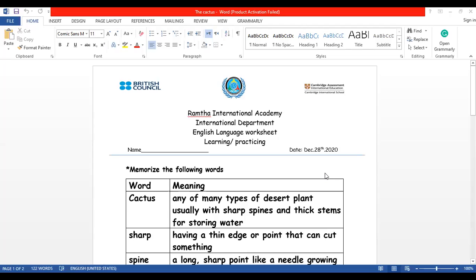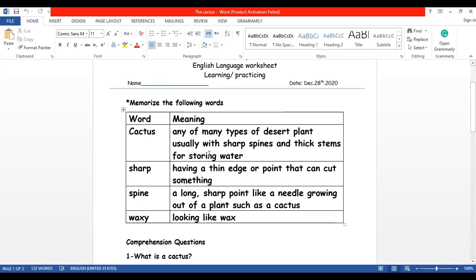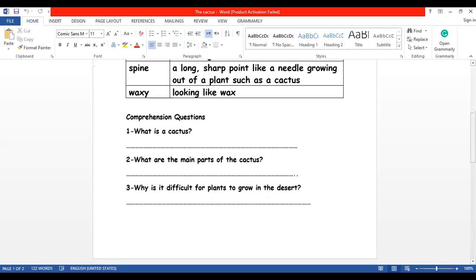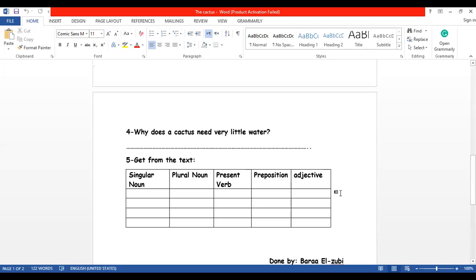I have already written for you the new vocabulary: cactus, sharp, spine, waxy, with their meanings. You have to memorize them, and here we have some comprehension questions. And what is very important is that you get from the text: singular noun, plural noun, present verb, preposition, and adjective.